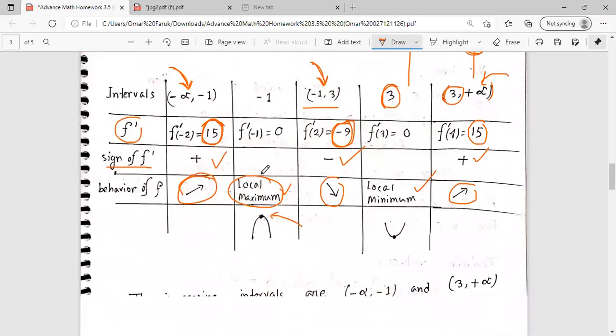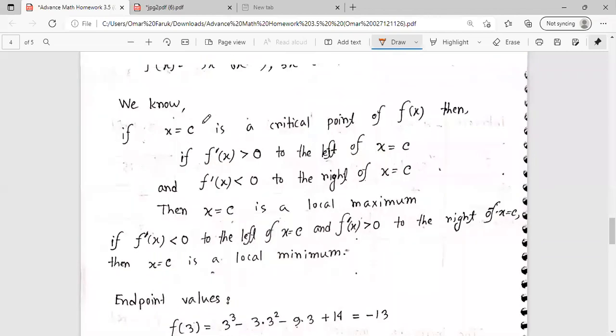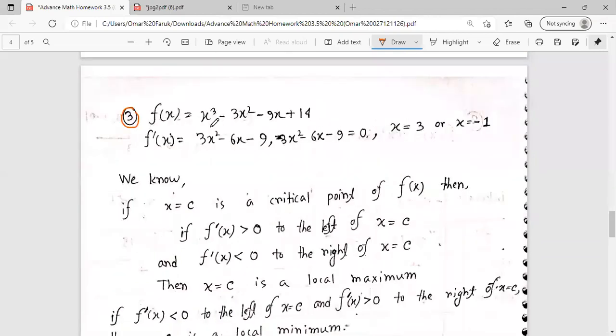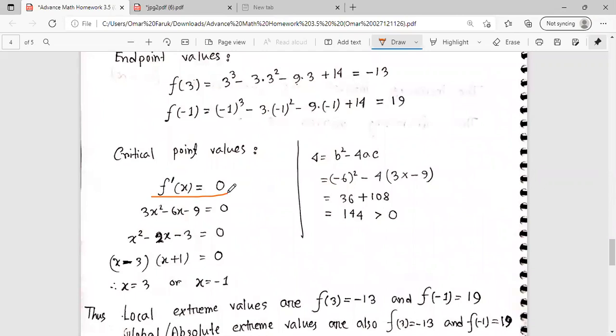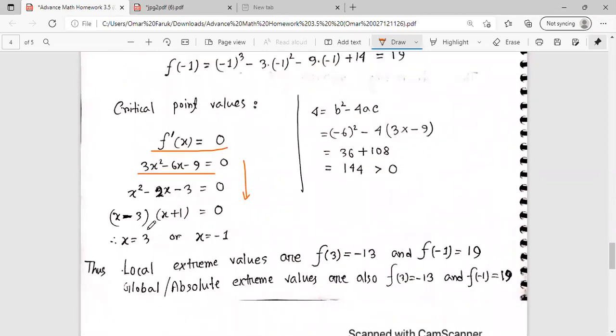Again, I'll write it down here. This was our function and this is the derivative. If we calculate the derivative, we write our derivative equal to 0. Then we calculate and find the value of x. So x is 3 and x is minus 1.